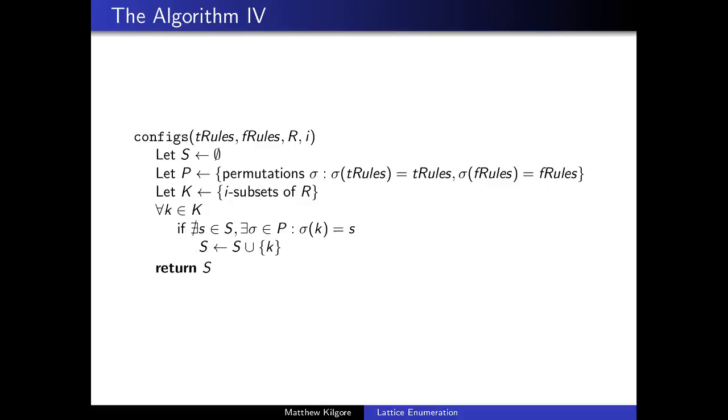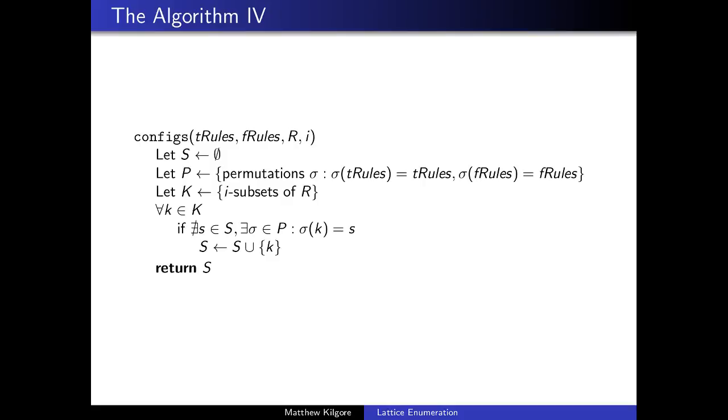Finally, the configs subroutine takes a set of true rules, a set of false rules, and a set of rules we haven't determined, and it's going to generate possible partial equivalence classes based on wanting to include i of these undecided rules. So we're going to start by taking an empty set S. Then we're going to generate the list of permutations P which fix true rules and false rules.